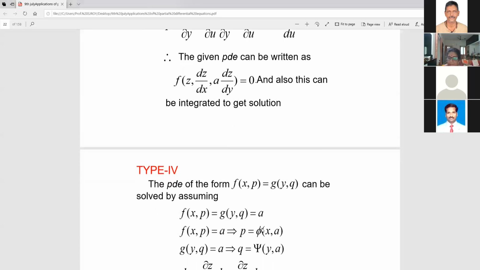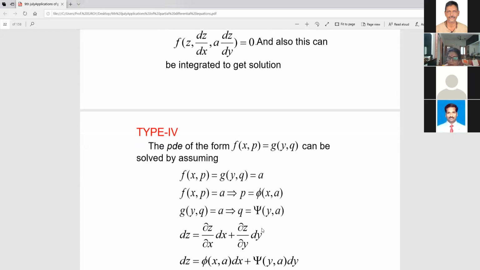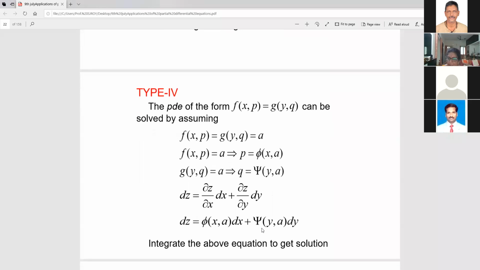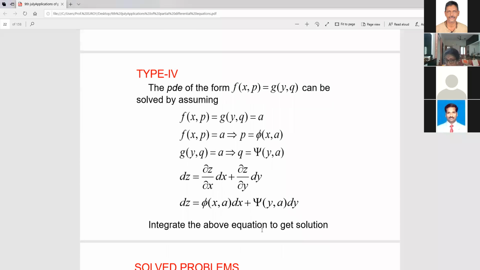And the next important one: if you have one PDE, I have not generalized whether it is linear or not. It can be non-linear, linear, anything; you can solve this. Suppose you are able to separate P and X, Y and Q. If you are able to separate, then we just equate to some constant.